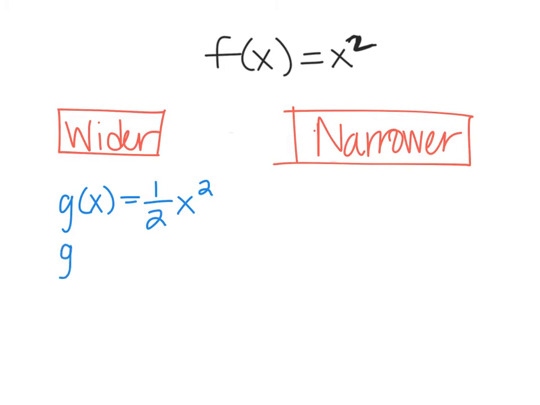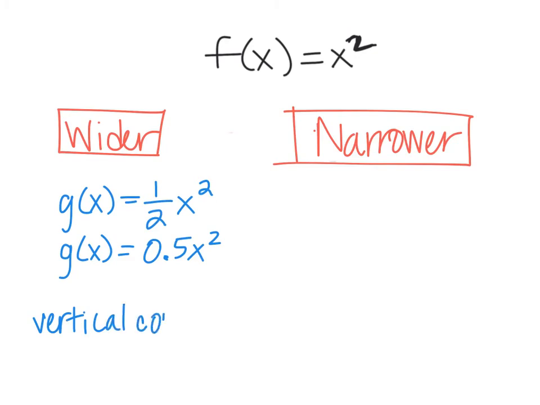This is the same thing, 0.5. So this is a vertical compression. Means it's getting shorter, it's getting fatter by a factor of 1/2.